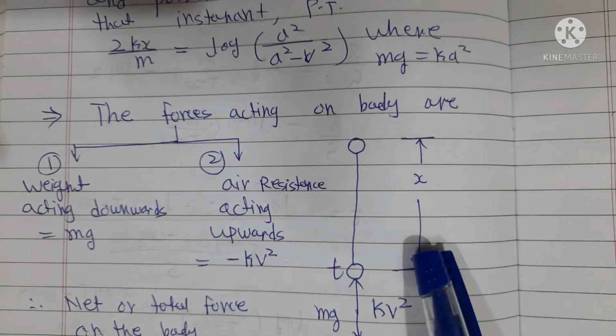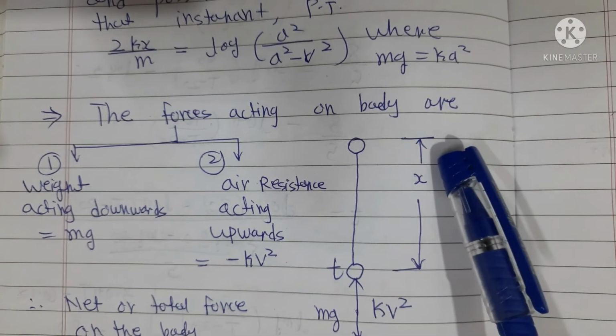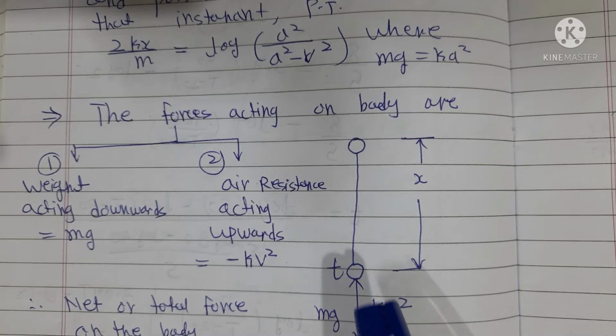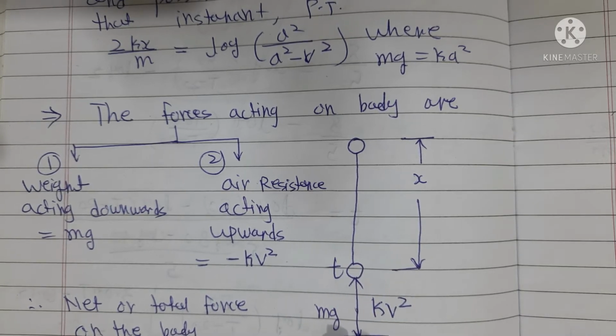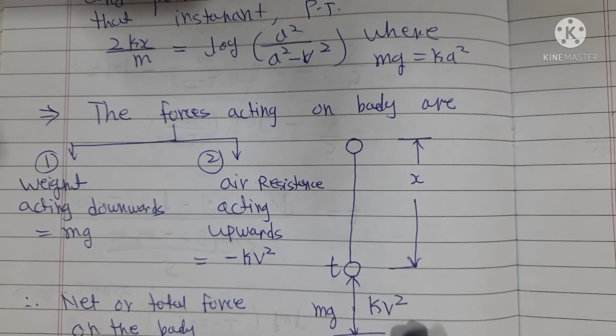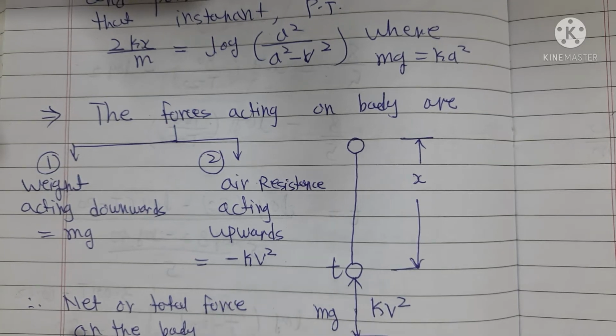Now consider the distance from this point to this point as x, when the body is acted upon by two forces, that is its own weight mg, and another force kv square, where k is a constant and v is the velocity of that body.